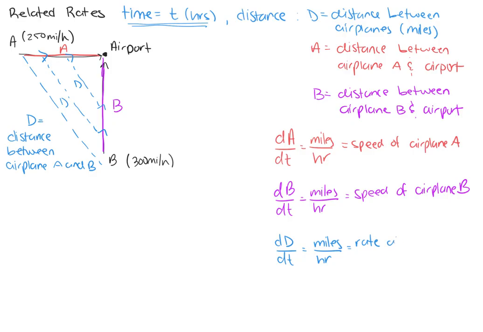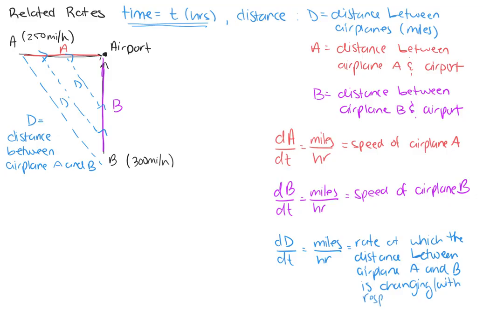It is the rate at which the distance between airplane A and B is changing, with respect to time. And that's what this question is asking us. It's asking us, what is the rate of change of the distance between the two airplanes?